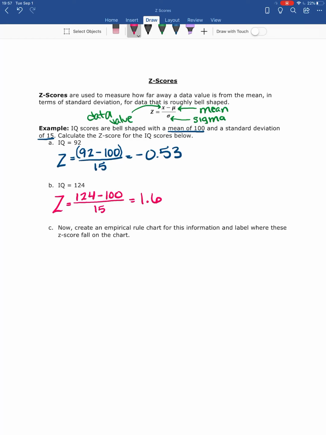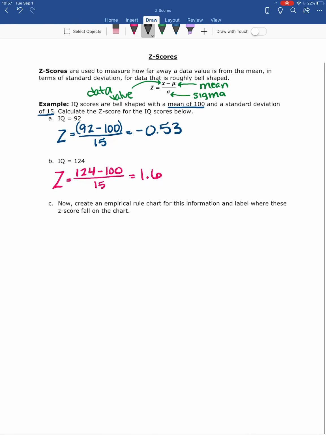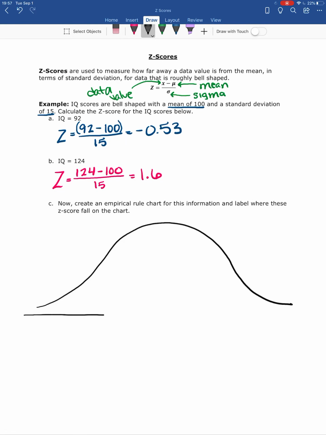So now we're going to look at what this means. We're going to create a simple empirical rule chart for this information. So remember our empirical rule chart, we start with a bell curve. And I'm going to start by labeling the center, which would be my mean, but I'm going to label the center in terms of standard deviations. So the z-score of the mean is always 0.